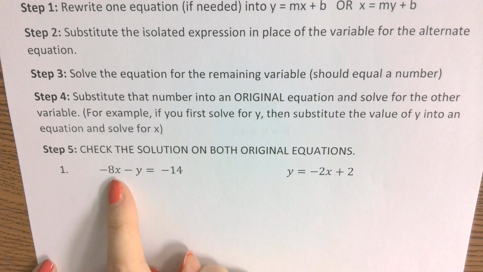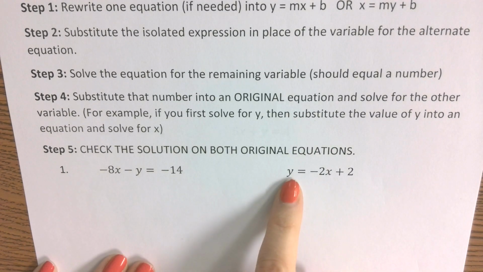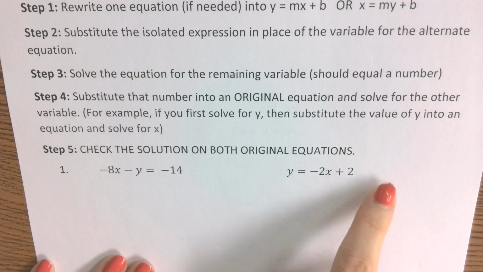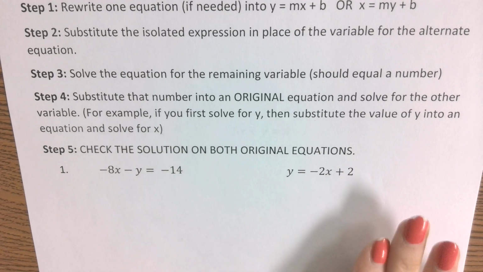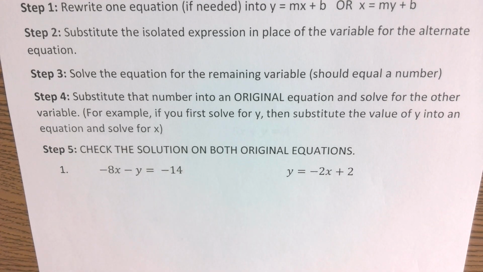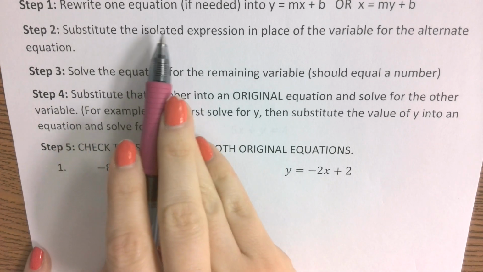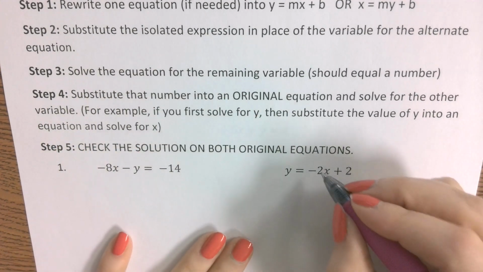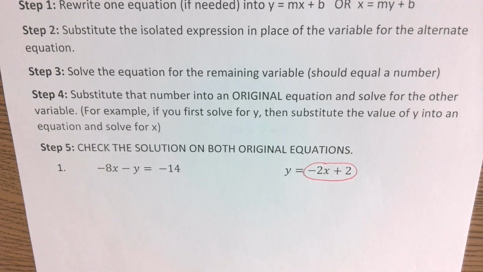Here, we've got negative 8x minus y is equal to negative 14. That's not in slope-intercept form. But we do have y is equal to negative 2x plus 2. That is written in slope-intercept form. So the fact that we still have one of them in slope-intercept form is good. What we want to do is, so what I said up here, you're substituting the isolated expression. This right here is called an isolated expression.